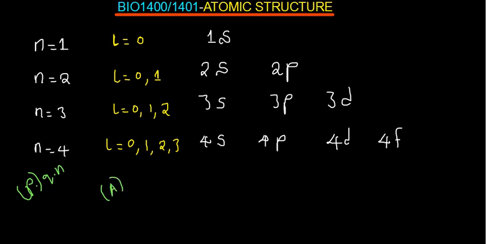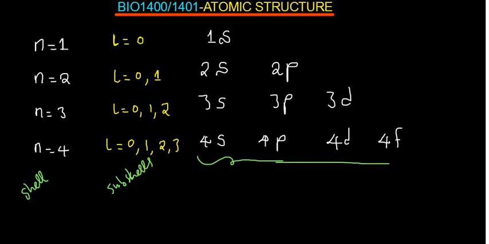This one is representing the subshell. So this is representing shells, and this is representing subshells. These are the ones you are able to see. These are the subshells, and I've written them in terms of letters. So when L is equal to 0, that is s.